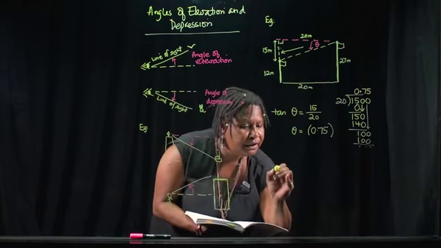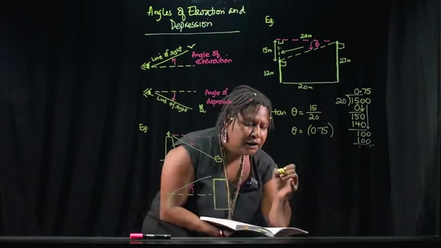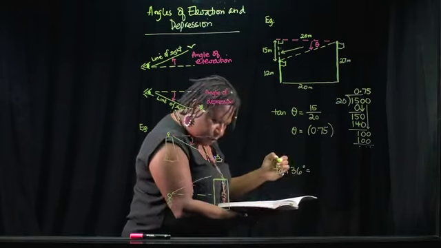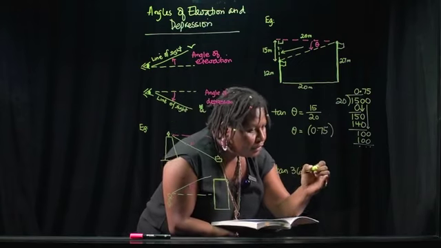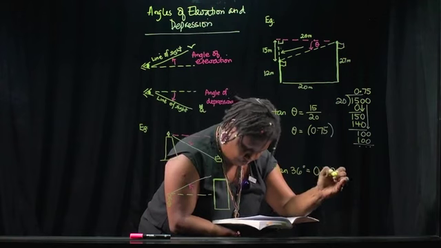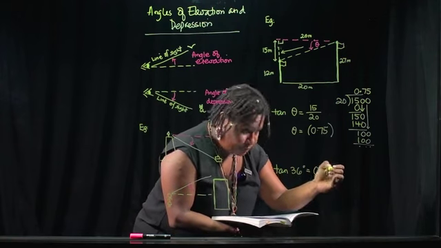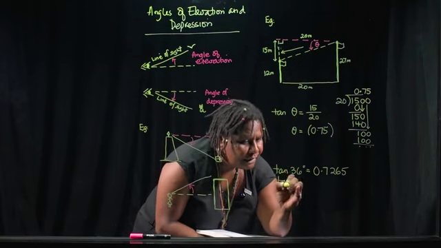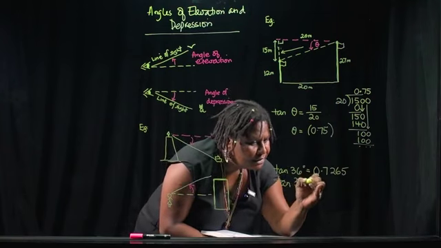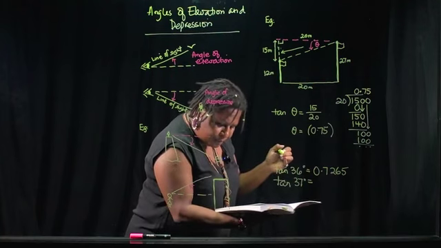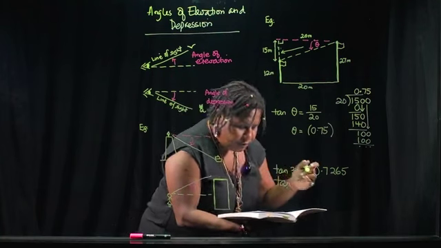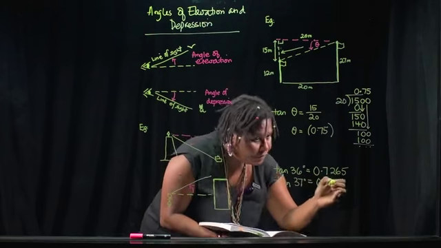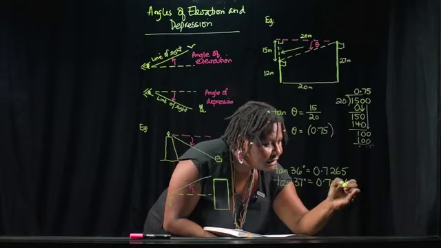We have 36 degrees, which is equal to 0.7265, and 37 degrees, which is equal to 0.7536.